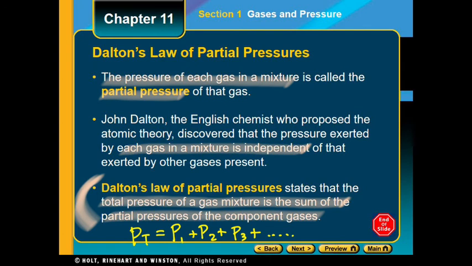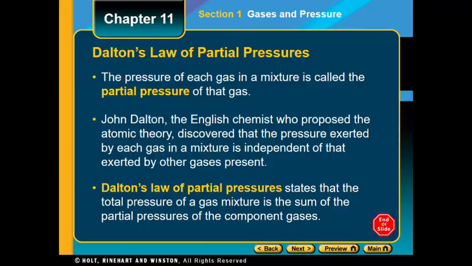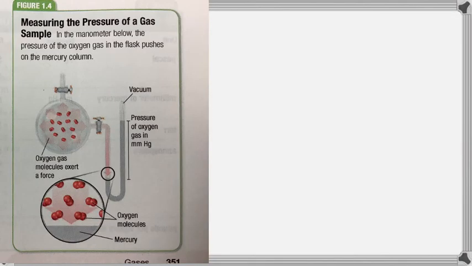Now, we've looked at a barometer, which measures atmospheric pressure. Now let's go look at a U-tube manometer that measures contained gas pressure. So please do a quick drawing of this, and we're looking at what's called a U-tube manometer.